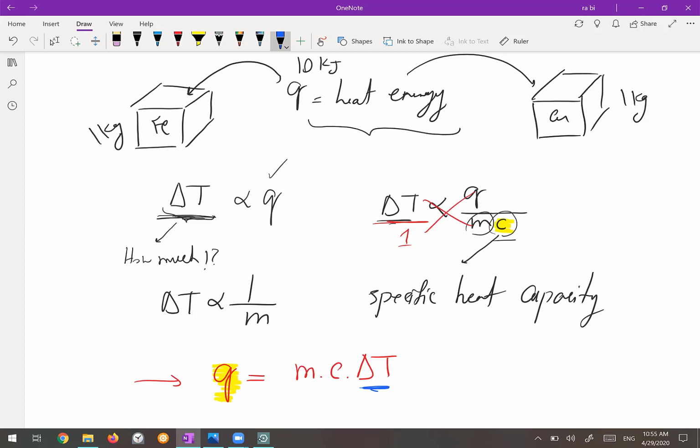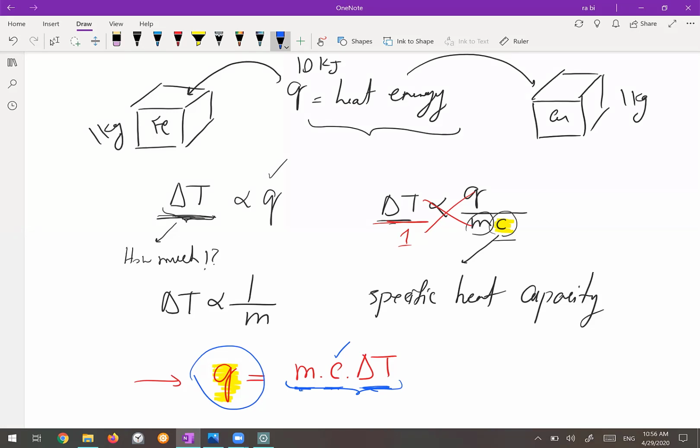If I know the mass of the system, and if I know the specific heat capacity of the system, you have it in the tables in the IB data booklet, or if it's not in the IB data booklet, they will give you the specific heat capacity of the substance. Okay, so you know what your material is, so you can know its specific heat capacity. You can weigh that one, so you can know the mass, and you can measure how its temperature changes. If you multiply all of them by each other, you can know how much heat is going into the system or coming out of the system.